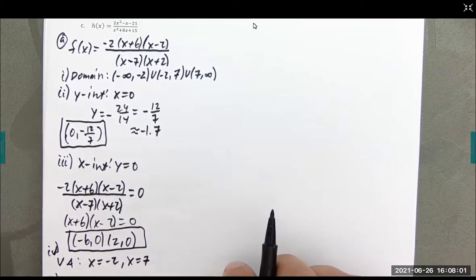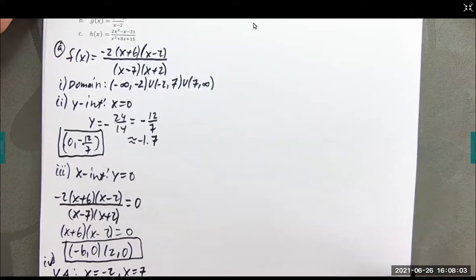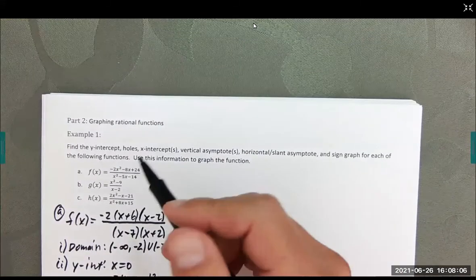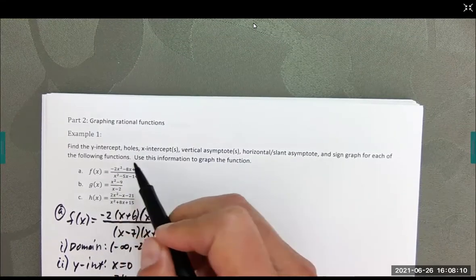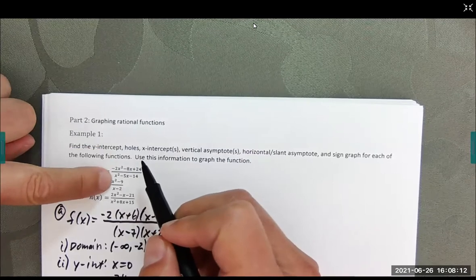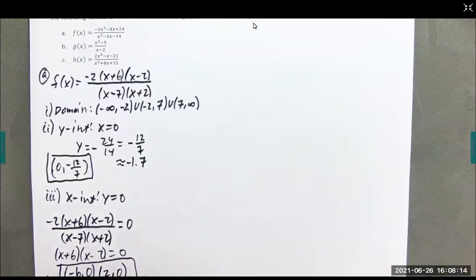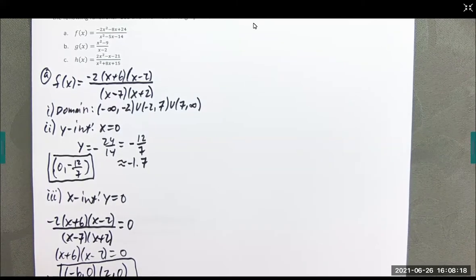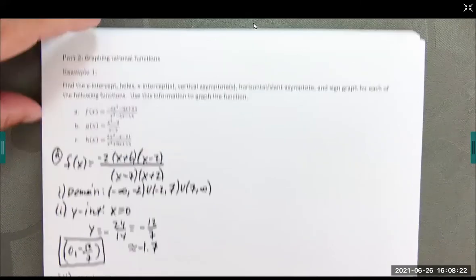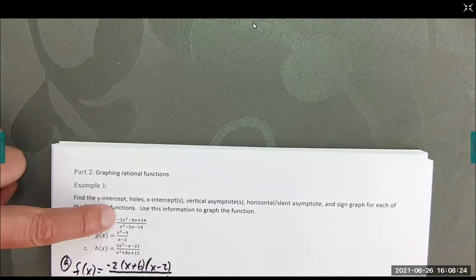Now, here's the thing. Go back to the original here. You can see that they are the same degree in the top and the bottom, which means the lead coefficient, negative 2 over 1, is going to be my horizontal asymptote. So that's going to be y equals negative 2, once again, because negative 2 over 1.